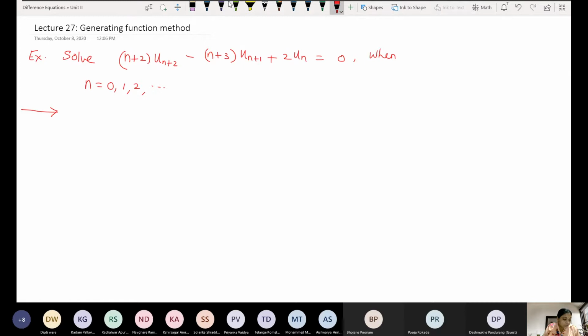Now we want to solve using generating function. What is generating function? Let a generating function g of x is equal to summation n is equal to 0 to infinity un x raised to n be generating function.